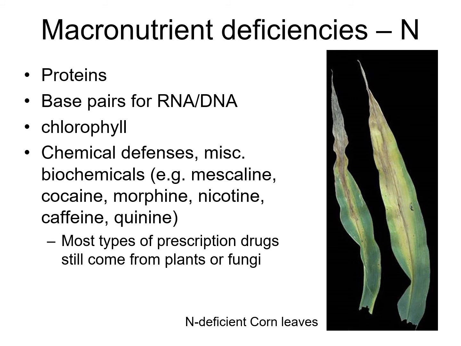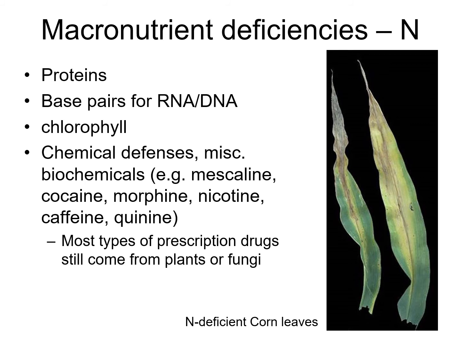So in order to make those chemical defense compounds, plants are going to need extra nitrogen. Just as a reminder, a lot of these types of compounds that are used as prescription drugs for human health treatment still come from plants or fungi because they are very good at making these unusual compounds.